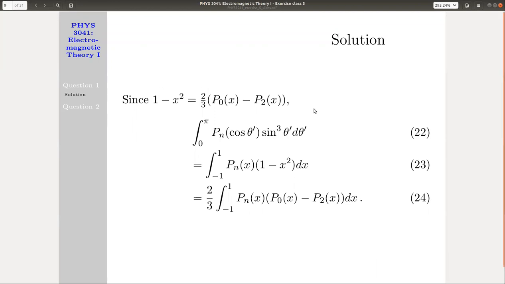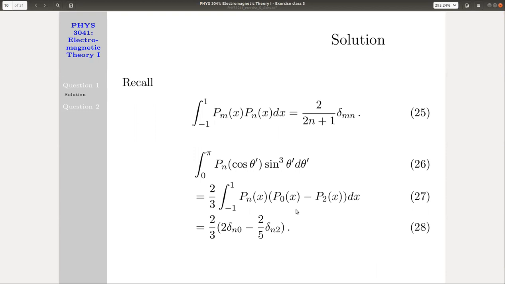Then we substitute the expression into the integral. So we have our original integral, and then we do some substitution, and finally we substitute the 1 minus x squared with the Legendre polynomials. Now we can make use of the orthogonality relations.